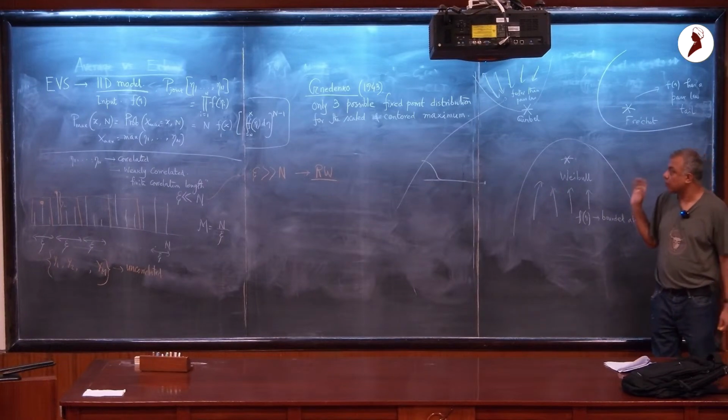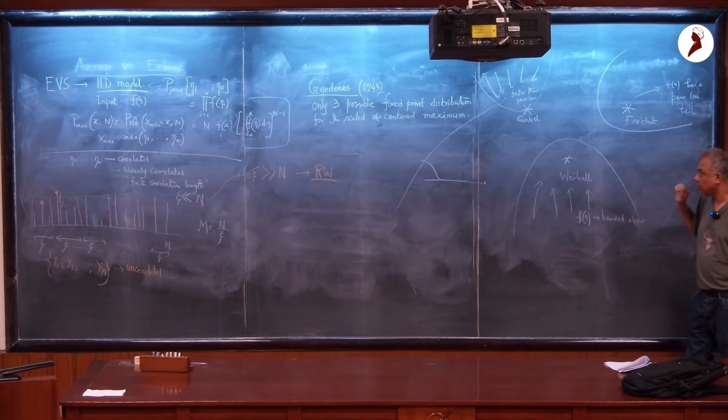This is one example of a strongly correlated variable. What we do next is compute the distribution of the maximum for the random walk, where we know it is strongly correlated, and we'll see that it is very different from any of the three distributions.